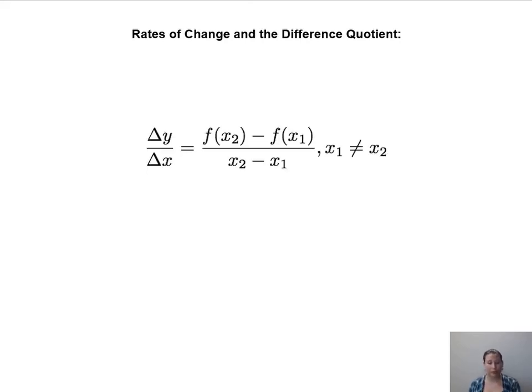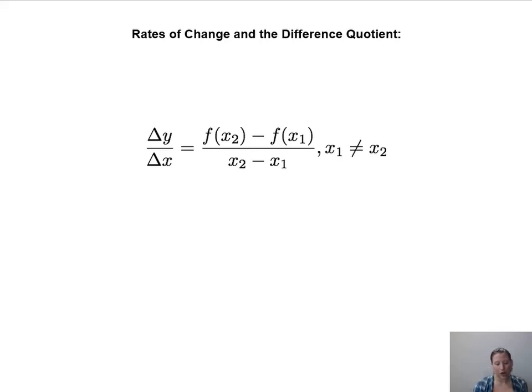So that's the formula: delta y over delta x. We talked about that before in section 2.3, that delta just means change. So the change in y over the change in x. If we notice, this is just the function notation version of the slope formula, with the caveat that x1 does not equal x2. There's not 0 in the denominator. We always have that, right? Otherwise, it's not something we can calculate.